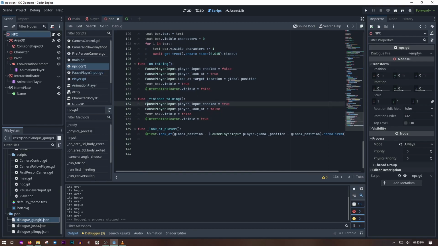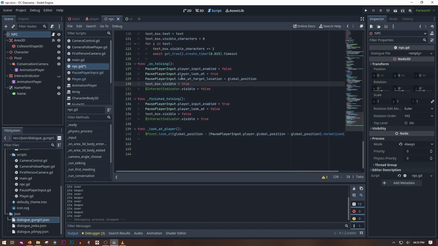Finish talking. Pause player input, so it's undoing all of this. Player look at false. Text box visible is false, so make it invisible. Interactive video. It's just undoing this. But look at target location global position is not undoing that because it doesn't need to.